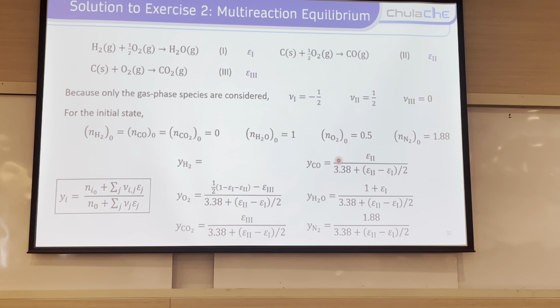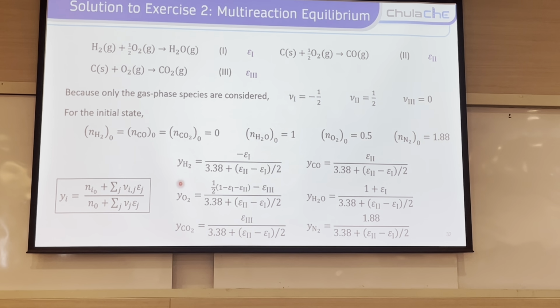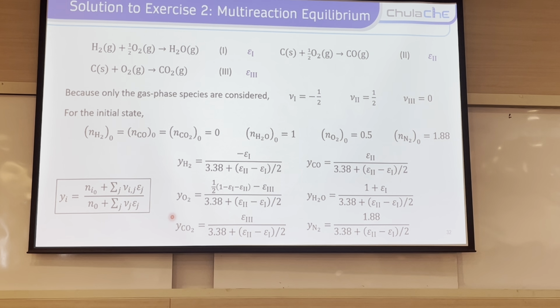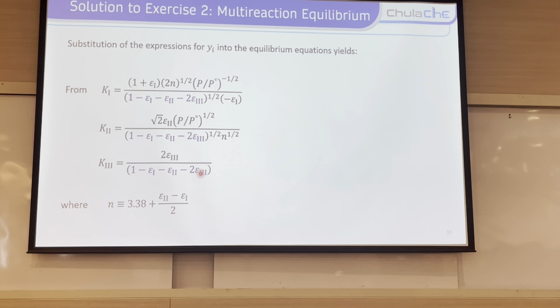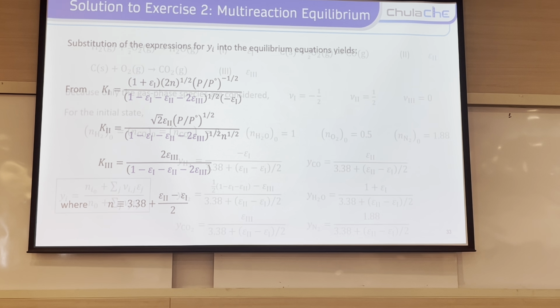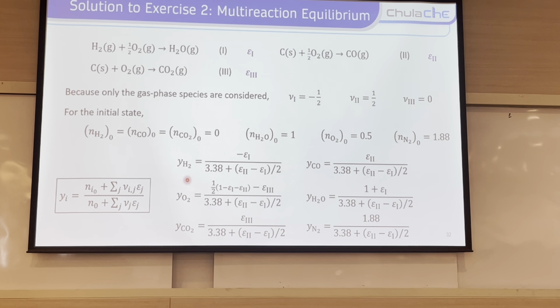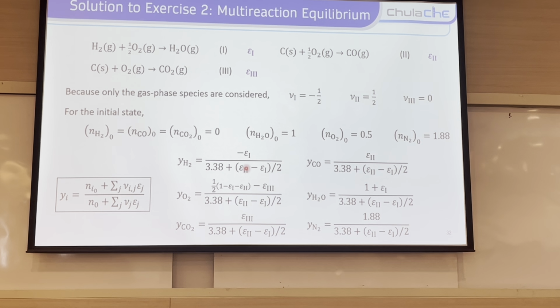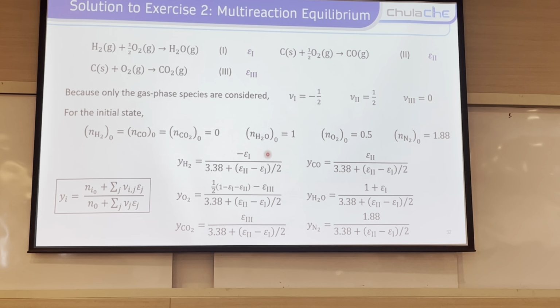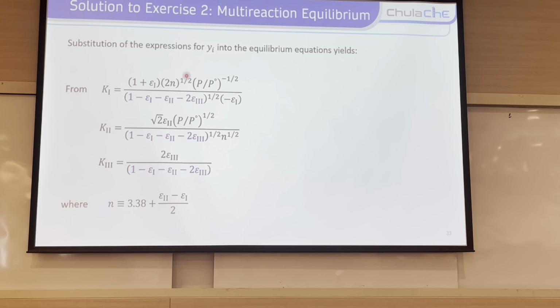Then you can write the mole fraction of each species as a function of the reaction coordinate, and then you put it back into each equation of the equilibrium constant.